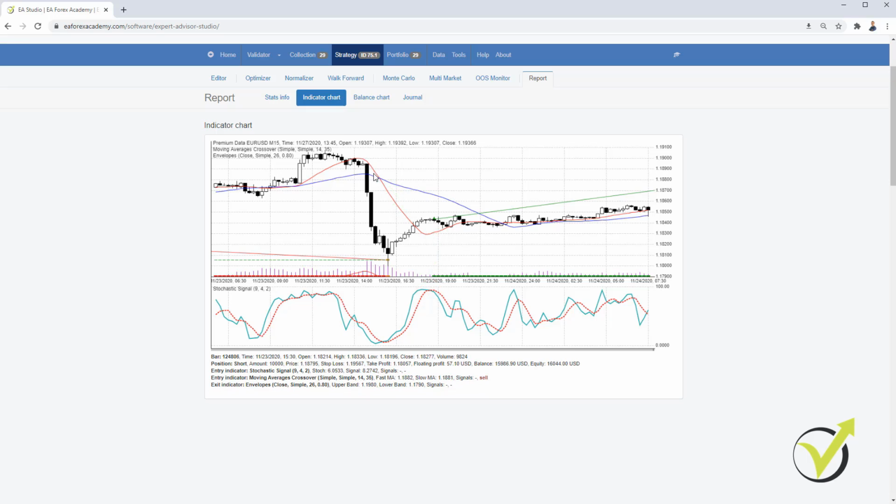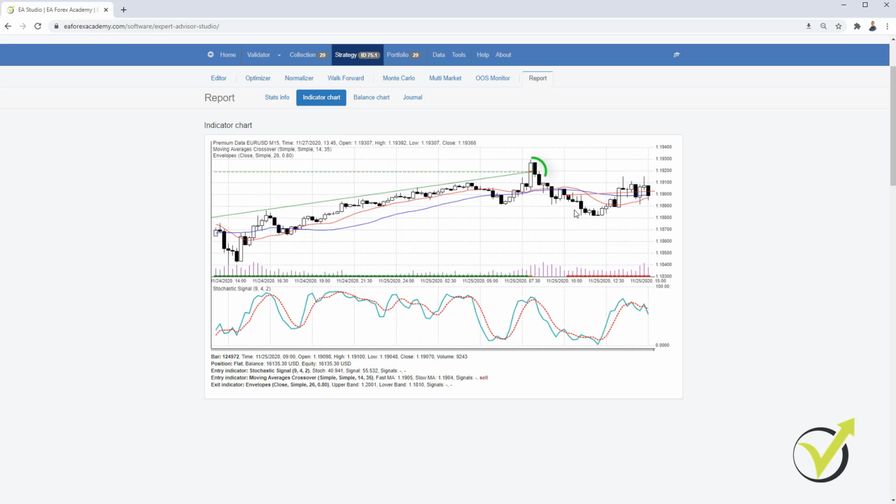You see what happened: there was a huge drop of the price which forced the fast moving average to go below the slow moving average. And then the stochastic showed that the market was oversold. The stochastic goes below the signal line, which usually is a sell signal, but in this case it is a buy signal, and we buy, and you can see that the price hit the take profit a little bit later.